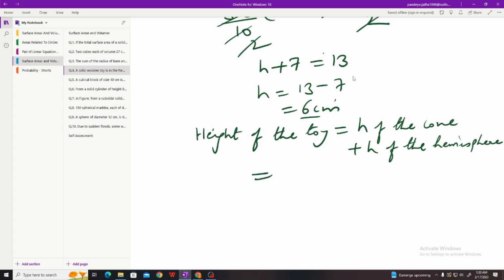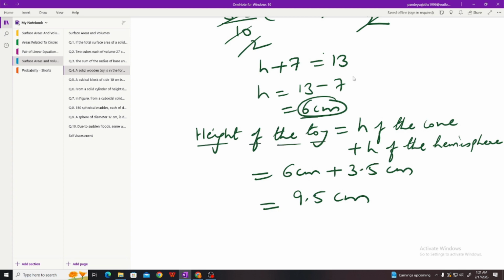So the height of the cone is 6 centimeter, and the height of the hemisphere is the radius of the hemisphere, that is 3.5 centimeter. So when you add, you get the value as 9.5 centimeter. So 9.5 centimeter is the height of the toy.